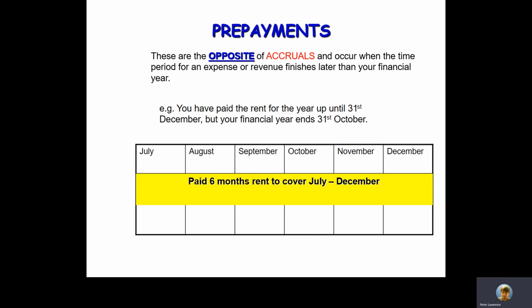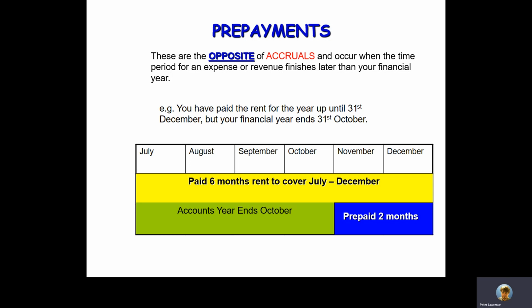Prepayments, the opposite of accruals. So this time it's when, particularly for an expense, we might have paid for something that finishes later than our financial year end. So here we paid rent up till the 31st of December, but our financial year end is the 31st of October.